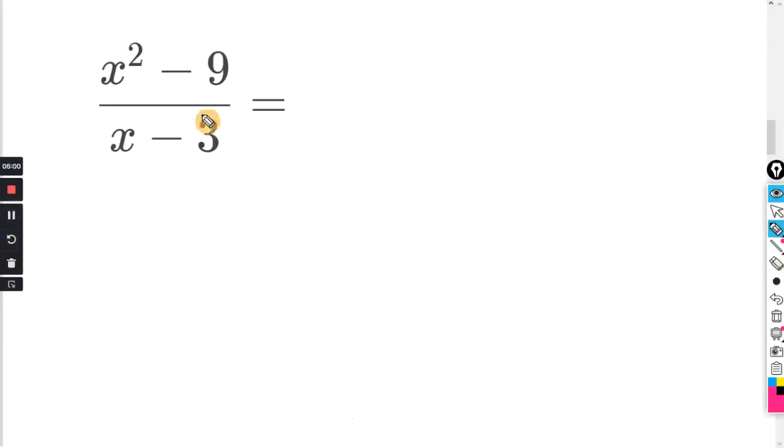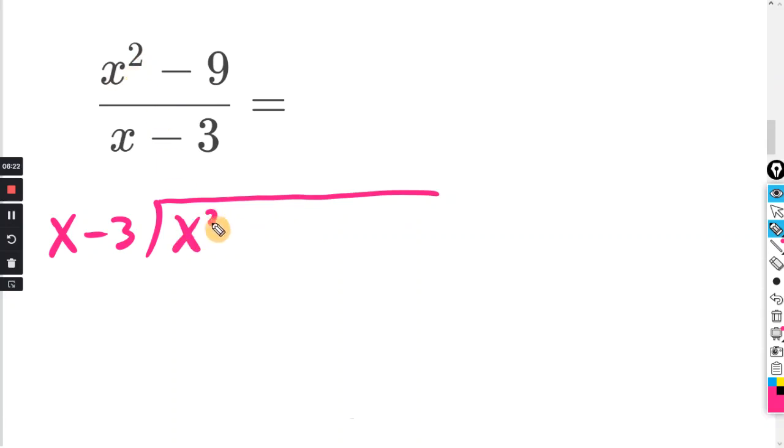All right, last one. Why don't you pause and try this one? And I'll give you a hint on this one here. We're going to write the denominator first, like we always do, x minus 3. But in the numerator, we want to write the exponents in decreasing order without skipping any. So I'm going to have the x squared first. And since there's no x term, I am going to add a 0x.